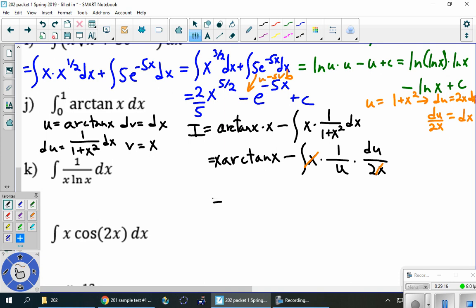And so we get x arctan x minus, okay, I'm going to do a lot here because I just don't have enough space. The integral of 1 over u du of the 2 there is just a 1/2. So I'll pull that in the front. And then the integral of 1 over u du is ln of u. And then we'll just go right back to what u was, which is arctan of x. And then don't forget the plus c at the end.